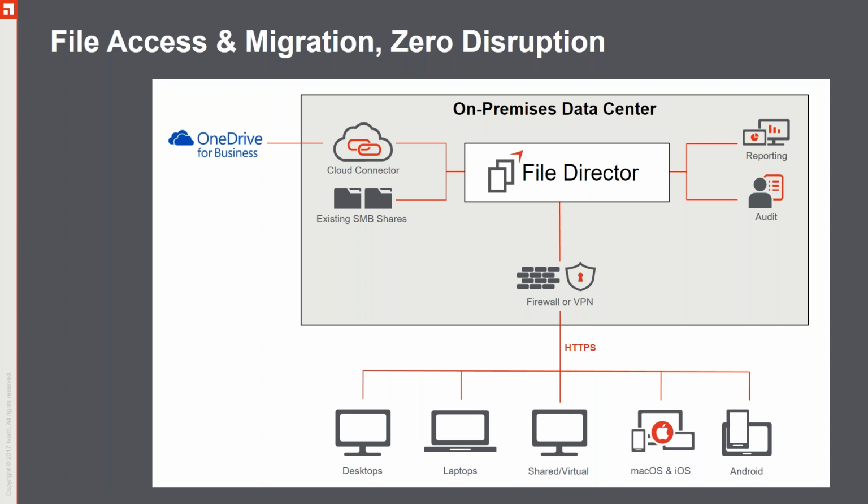It's very, very good when I jump from a physical desktop to a virtual desktop, because I can save a file on my desktop in VDI and it suddenly appears on my Mac or on my desktop machine. And it also gives me access to all of my files across multiple devices, regardless of where I am.